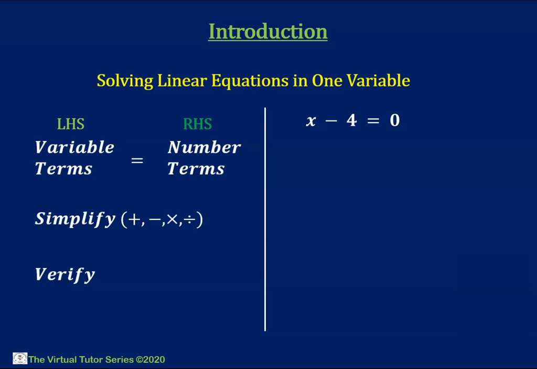So we have x minus 4 plus 4 is equal to 0 plus 4. Negative 4 plus 4 is 0. So we have the left hand side to be x. On the right hand side, we have 0 plus 4 to be 4.